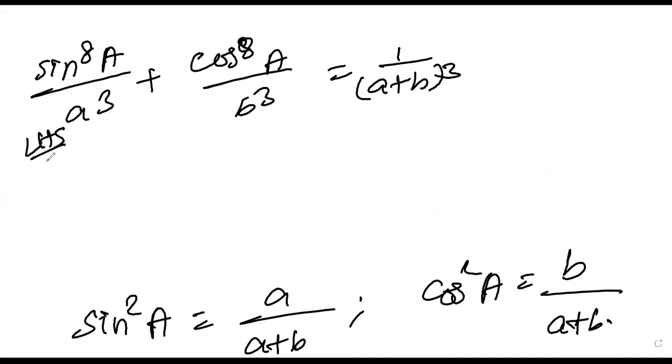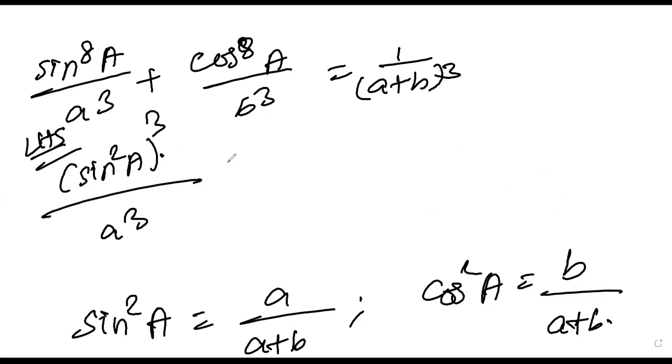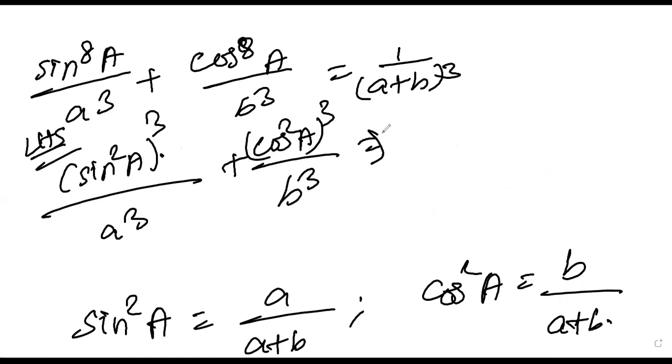I'm taking left hand side and proving. So on the left hand side I do have sin power 8a, which can be written as sin square a the whole cube by a cube plus cos square a the whole cube by b cube. You have to prove this, you don't have to write every time.